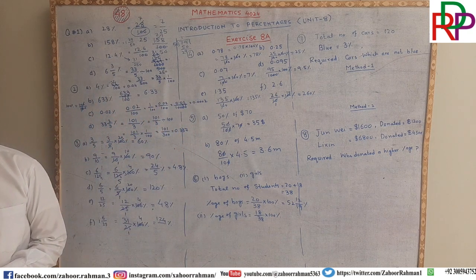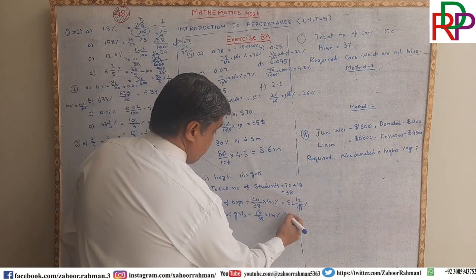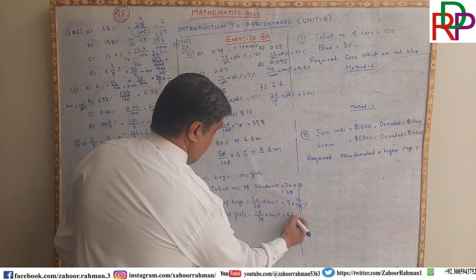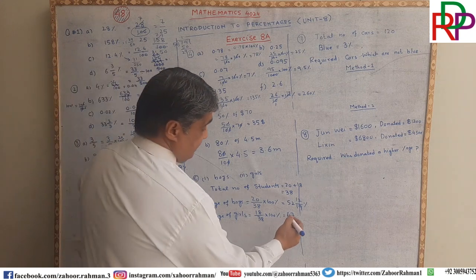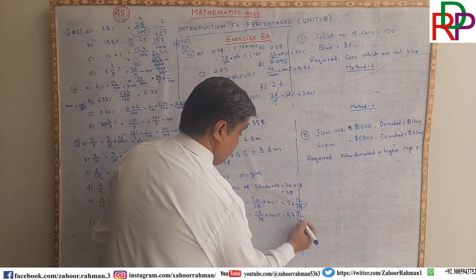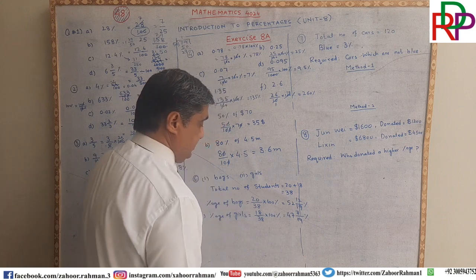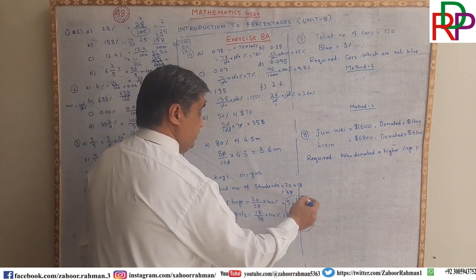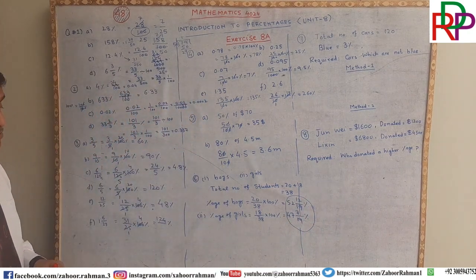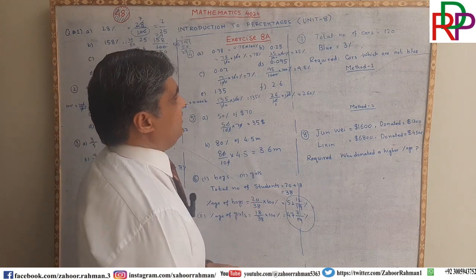That comes out to be 47 whole and 7 over 19%. Ladies and gentlemen, when you add these two values, it must be equal to 100. If it is not, then your answer is not correct, because both are in 100.